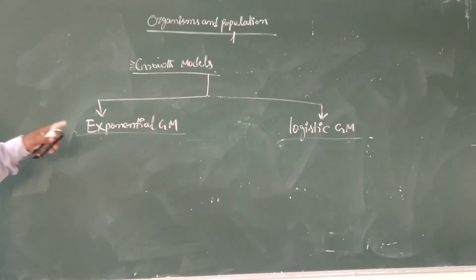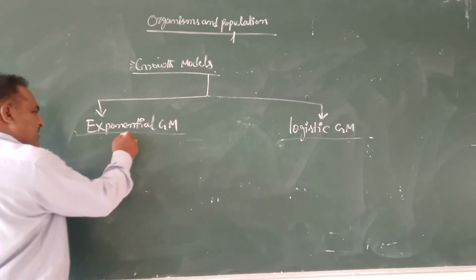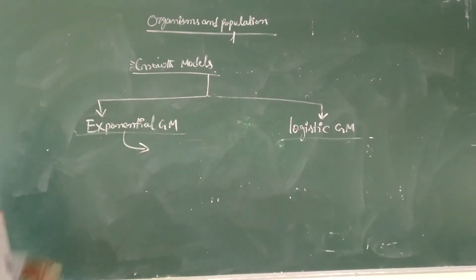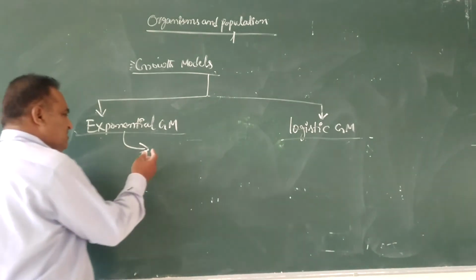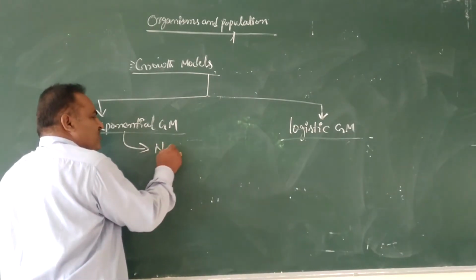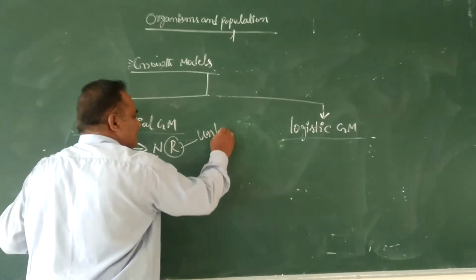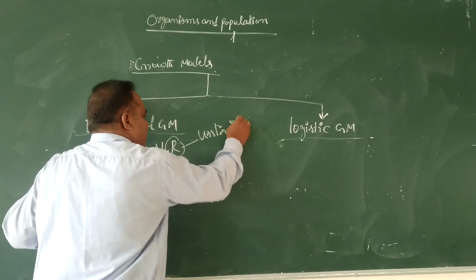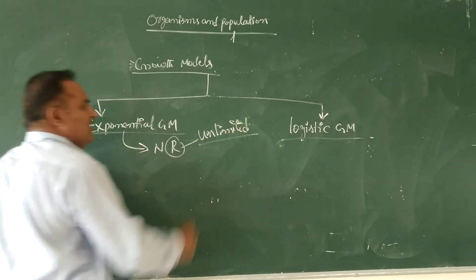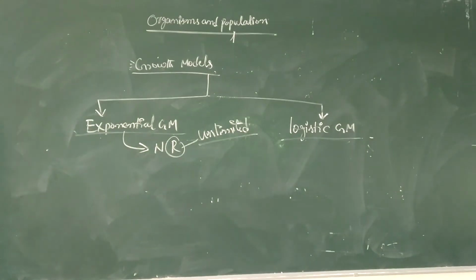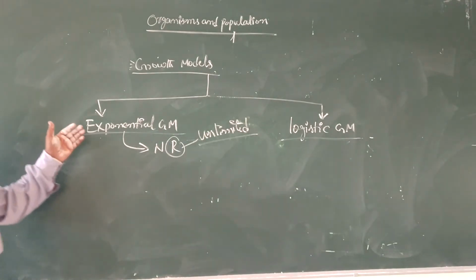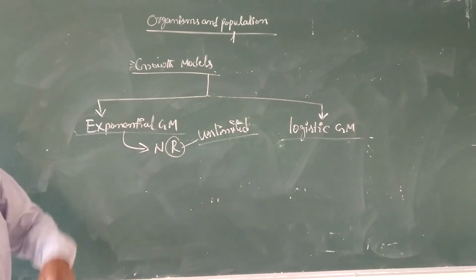In exponential growth, the natural resources in a geographical region are unlimited, and the growth rate is exponential.